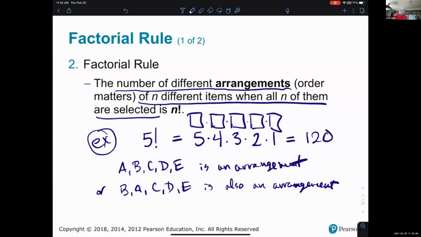Then there are 4 remaining items to choose from to see which one is listed second. Then after I've listed the first 2, there are 3 left to see which is listed third, 2 left to see which is listed fourth. And if you used up 4 of them, there's only 1 left at the end to put in last place. So the multiplication rule that we introduced at the beginning of this discussion gets applied to these circumstances where you are arranging items to lead you to this factorial calculation.